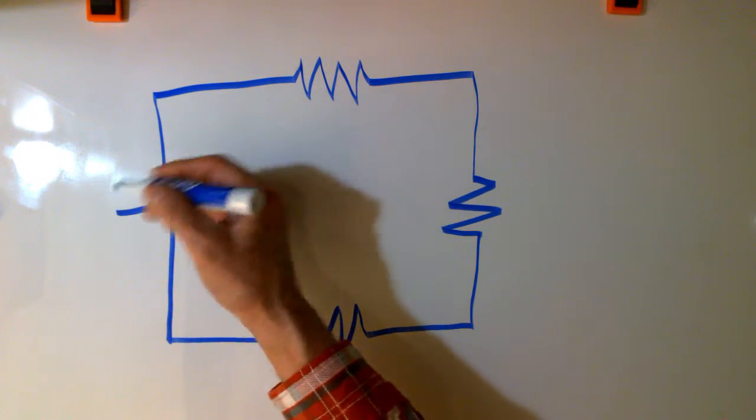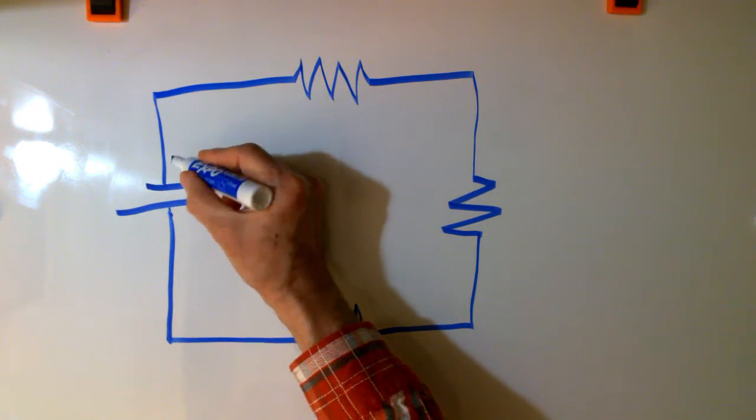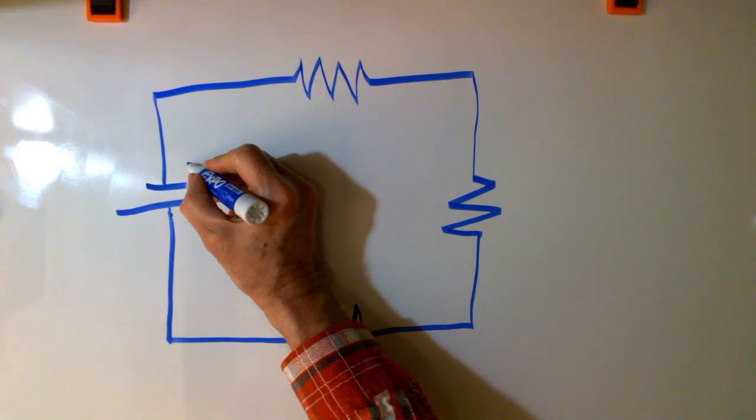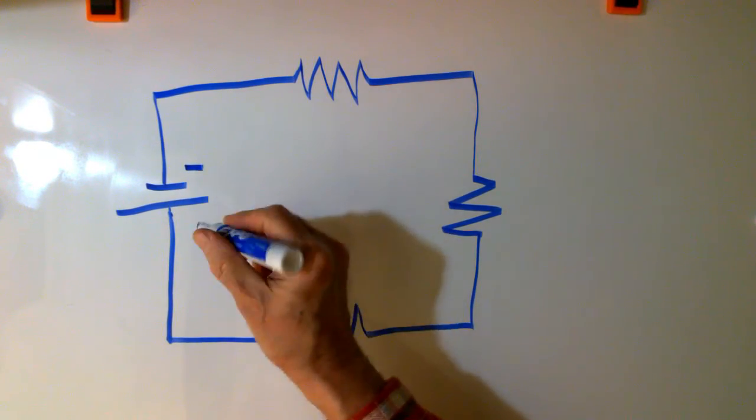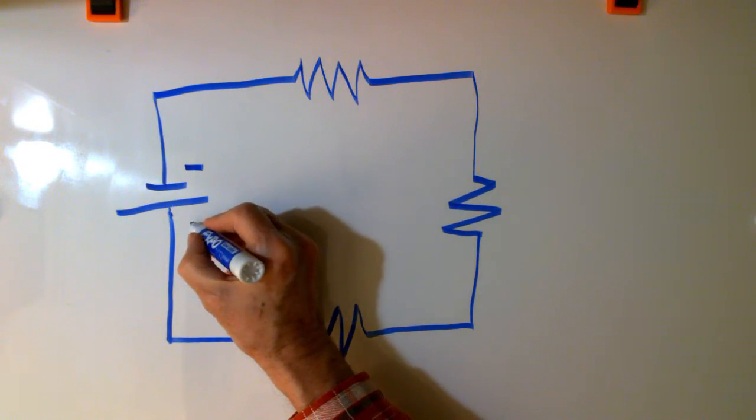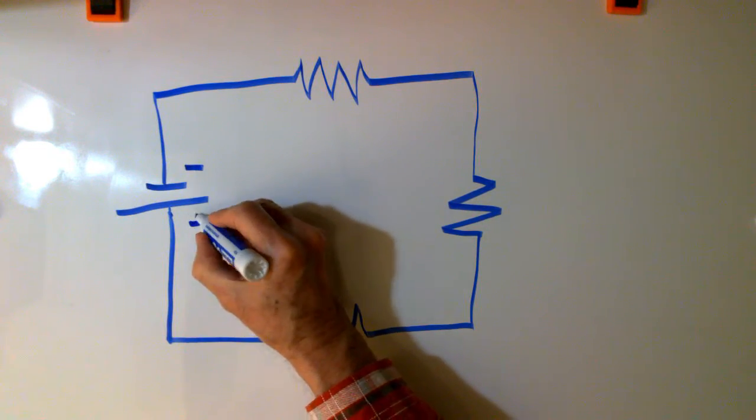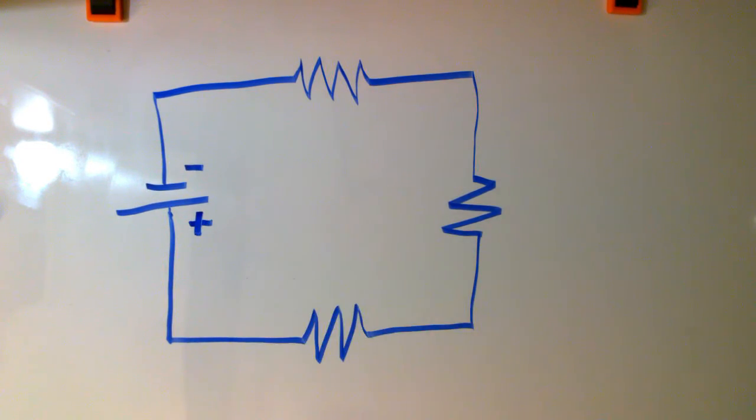So we're looking at our single cell battery here, and by now we know that the short side or the short plate is a negative polarity and that the long plate is the positive polarity.